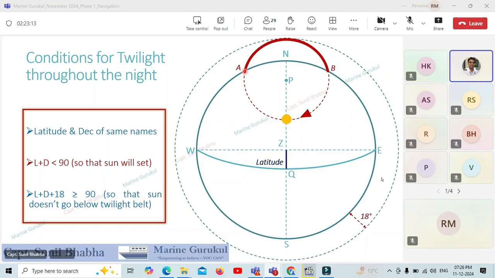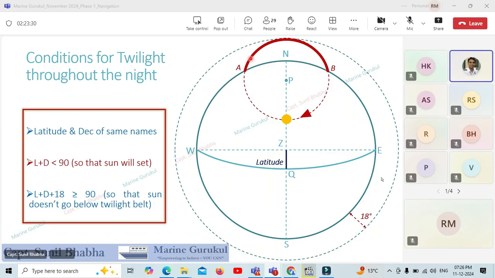Now you can see clearly here the motion of the sun when it goes below our horizon from point A up to here and then going up to point Bravo. You can follow the laser pointer.